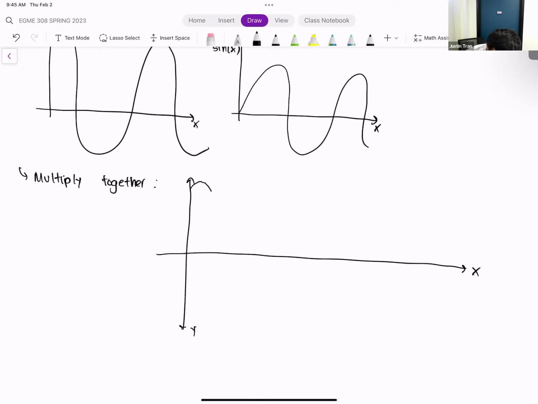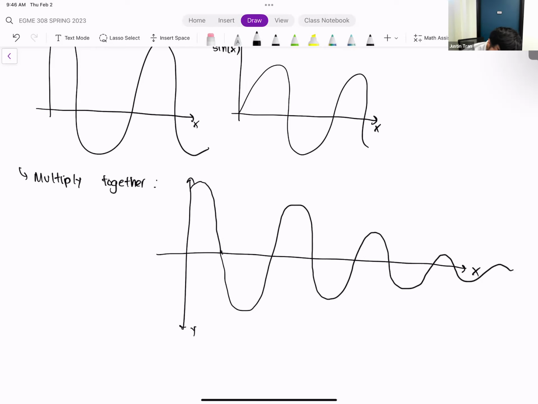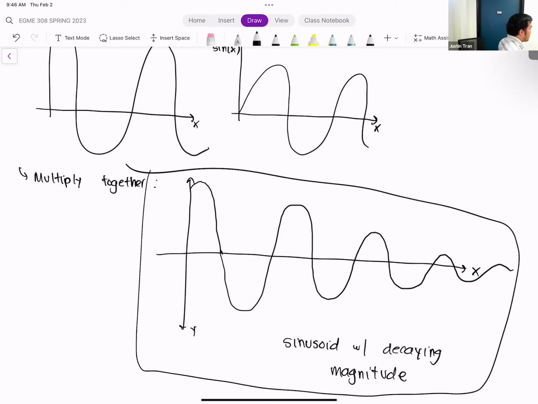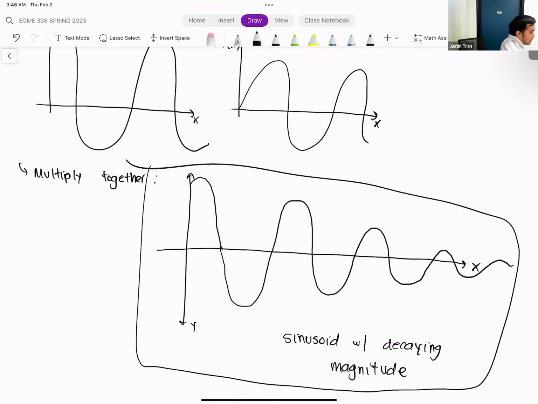We may start with a sinusoid that looks like this, but as time goes on, the oscillations tend to die down. So that's generally what you expect to see for these kinds of solutions.